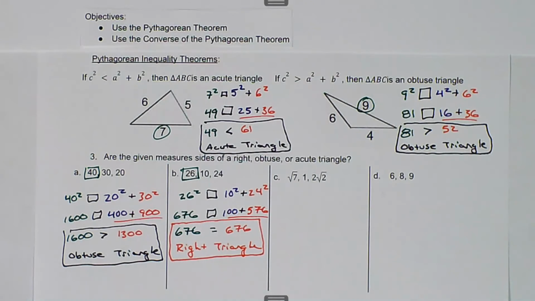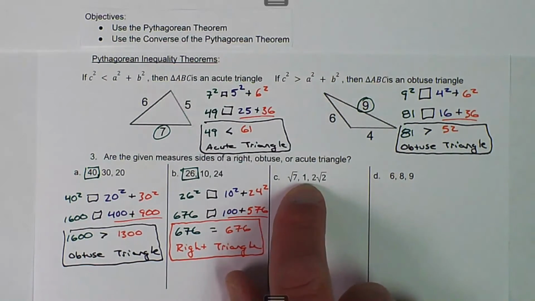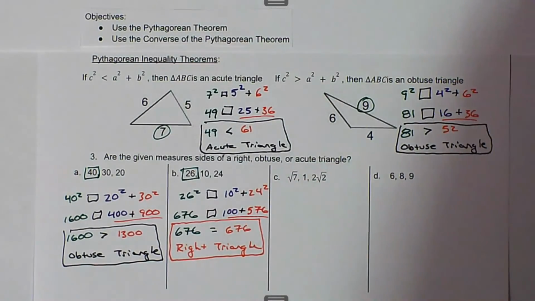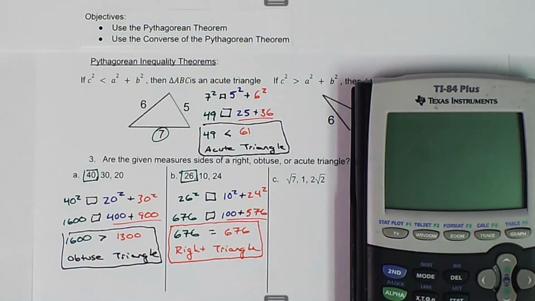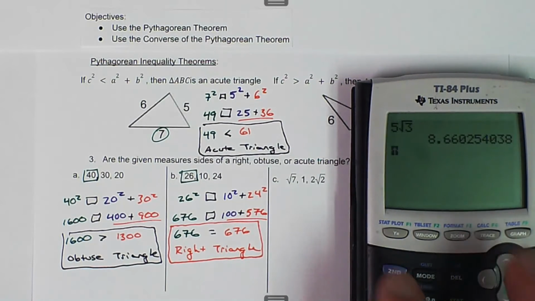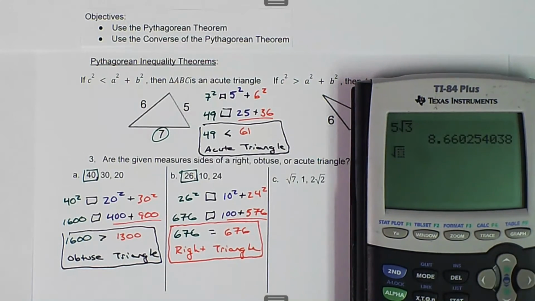I have example C, and we have to decide which is the biggest value. Obviously, 1 is not the biggest value, so we have to check between the square root of 7 and 2 times the square root of 2.